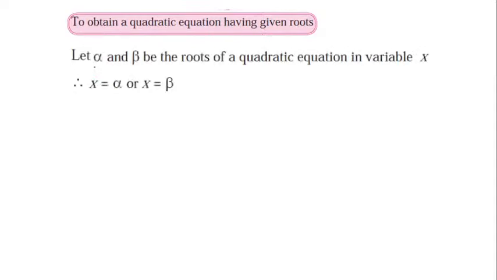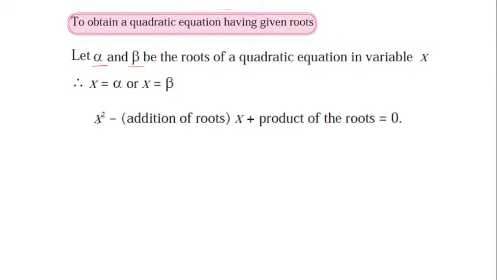There is one basic formula. Suppose alpha and beta are the roots of a quadratic equation in variable x, that is x is equal to alpha or x is equal to beta. Then by having these roots we can find the quadratic equation by the formula: x square minus the sum of the two roots into x plus the product of the roots, equal to 0.